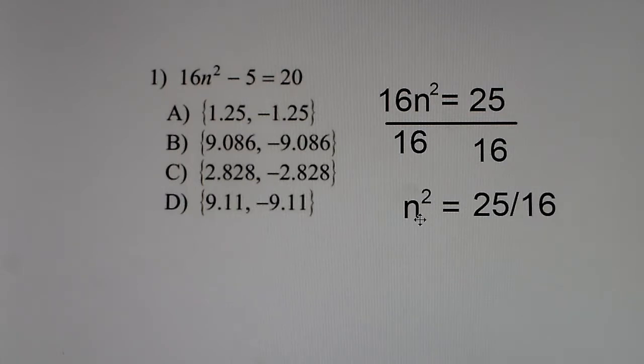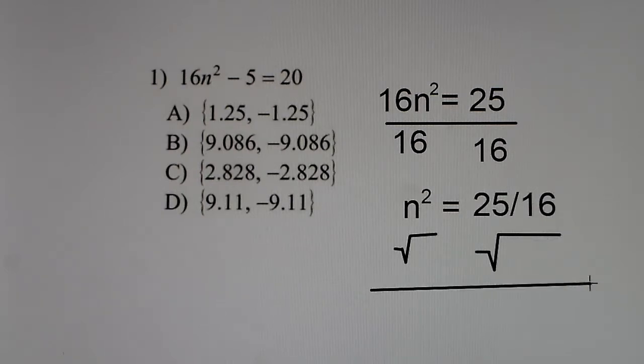The next step, the opposite of n squared is the square root of n. Or in other words, the opposite of squared is square root. So what I'm going to do, I'm going to take the square root to both sides. That's the symbol that looks like this. And when I do that, n squared turns into n.